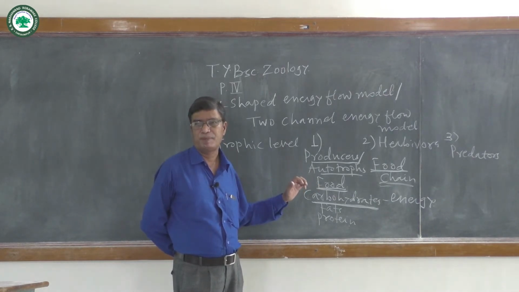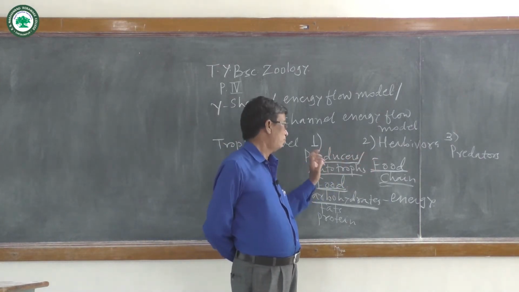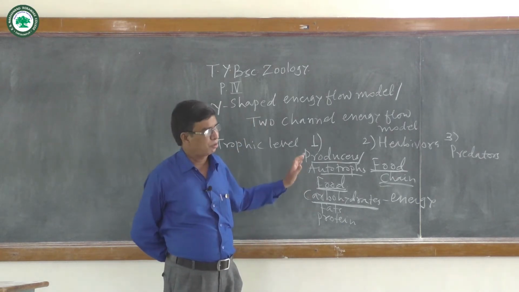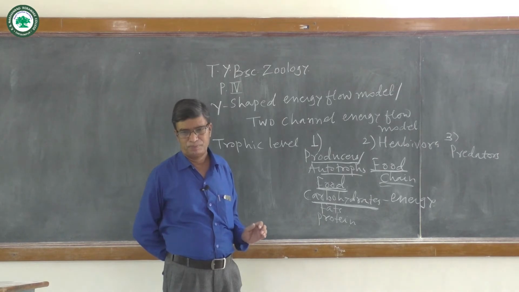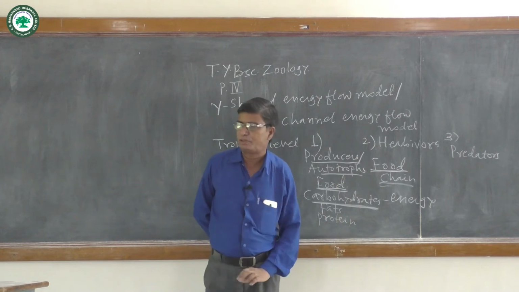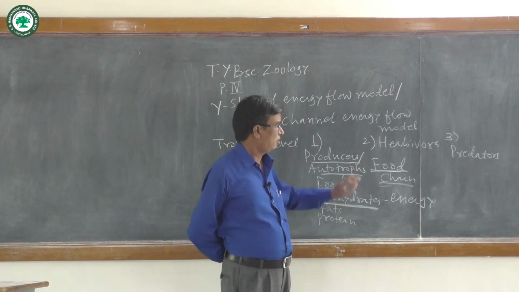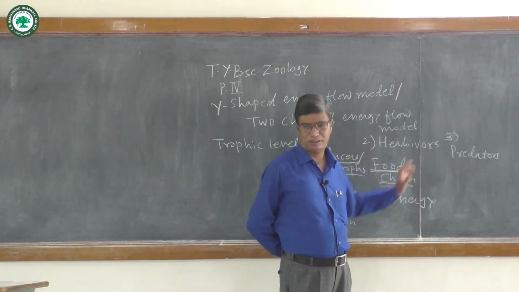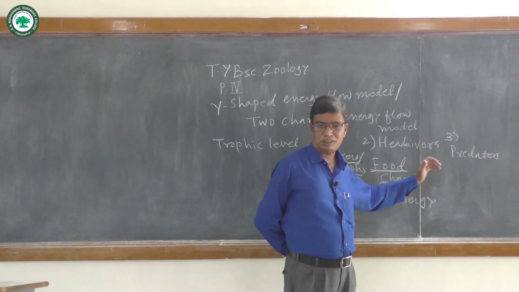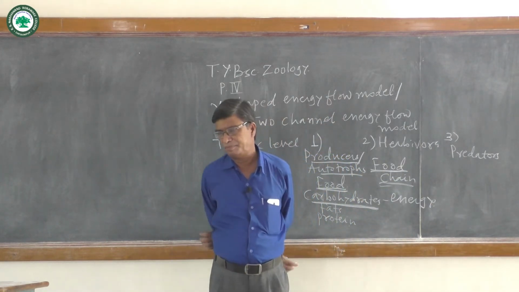When herbivorous animals feed on producers, for example grass, energy is transferred from the body of producers into the body of herbivores. When herbivorous animals are eaten by predators, again energy is transferred into the body of carnivorous animals.